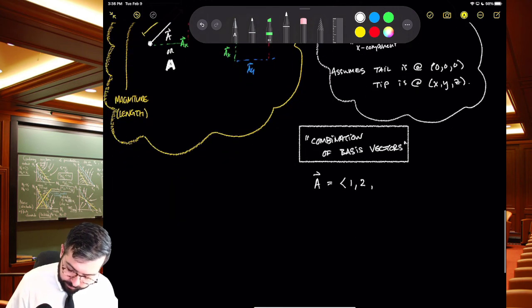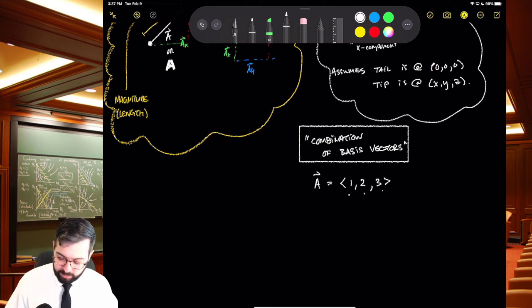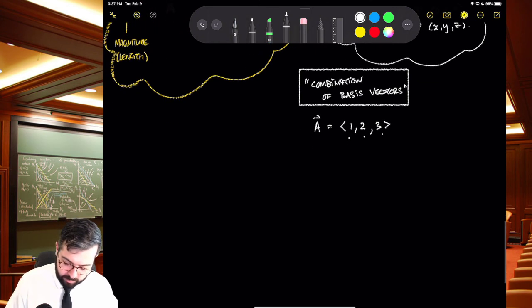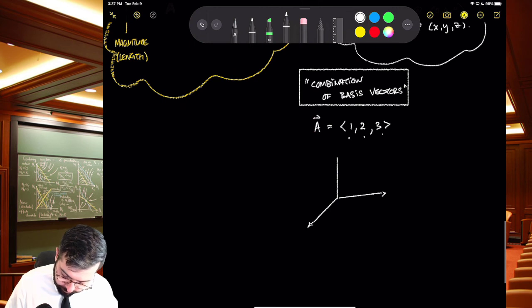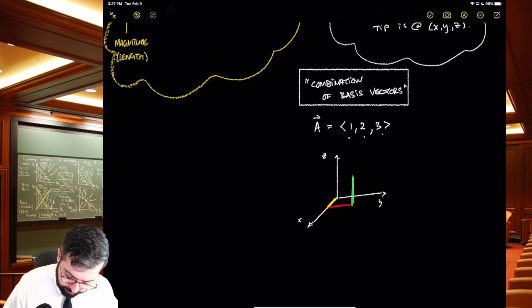Vector 1, 2, 3. This means my x component is 1, my y component is 2, my z component is 3. So if I think about this in R3, this thing comes over 1, out 2, up 3. So it's really this vector that starts at the origin and points to this point here.